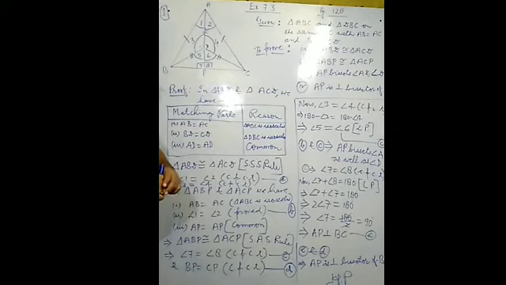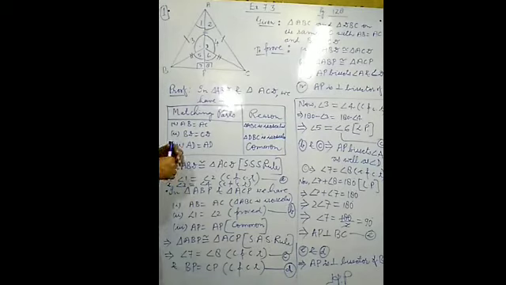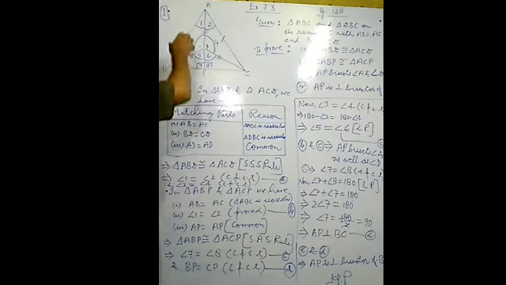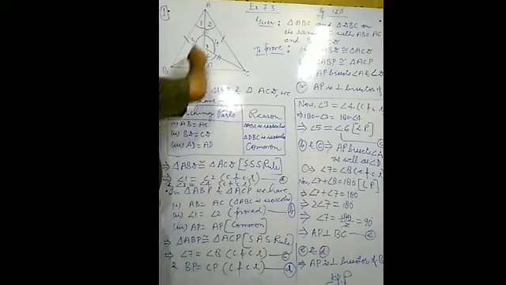Now mark here, the third part. It is given that AP bisects angle A as well as angle D. Firstly, we consider that angle 1 equals angle 2 by CPCT. So what is the role of AP?